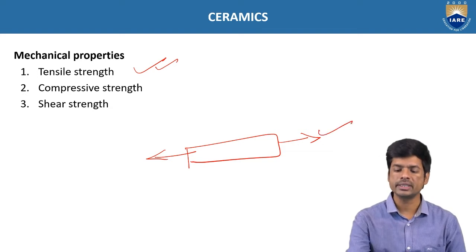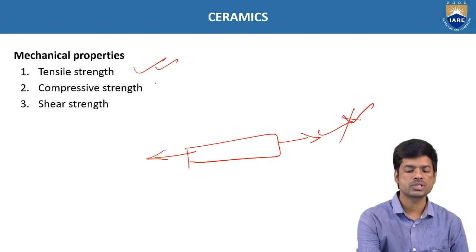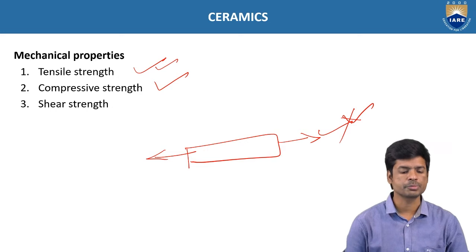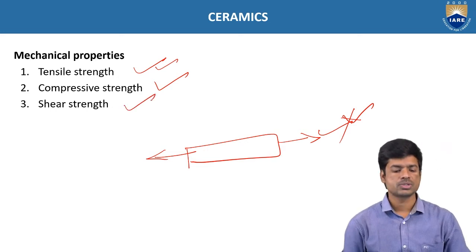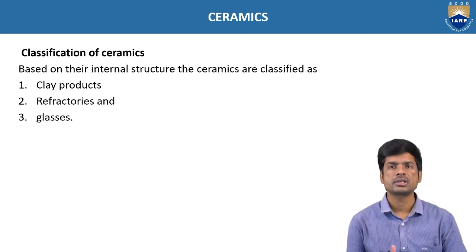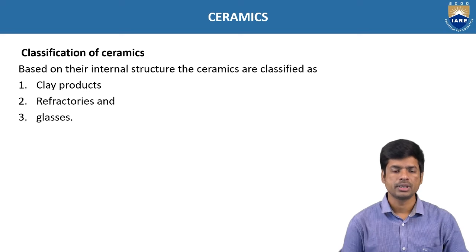So these are having high tensile strength also. And next one, compressive strength. The compressive strength is also very high compared to other properties. And shear strength. So these are some of the mechanical properties which we are going to observe in the ceramic materials.